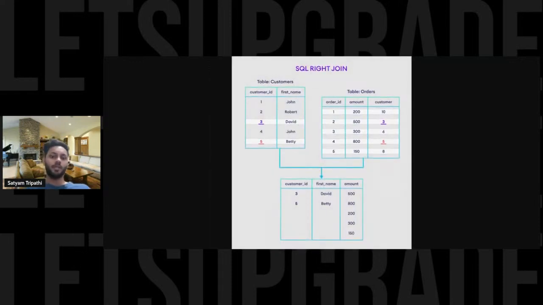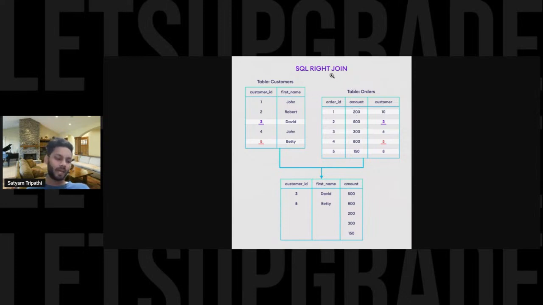So this is my right join. That means where I have customer and order ID. Let's say customer IDs 3 and 5 are matching in both. But this is a right join. That means we give importance to the right table that we have. So it has given all the data for the matching customer ID, where 3 and 5 were there.